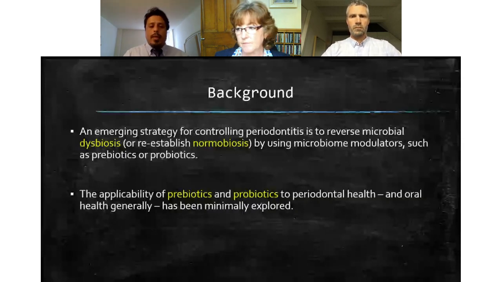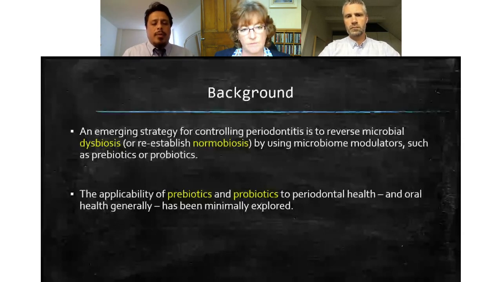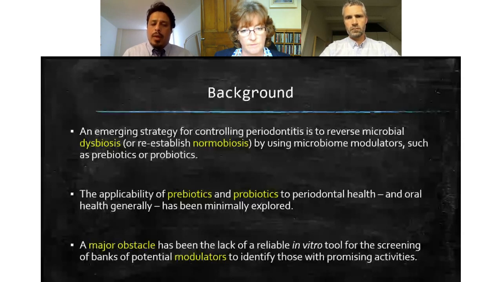And many of you know that prebiotics and probiotics have been extensively investigated in the context of gut health, but their applicability to periodontal health and oral health in general has been minimally explored. And there have been many reasons for this, but one major obstacle has been the lack of a reliable in vitro tool for screening banks of potential modulators to identify those with promising activities.